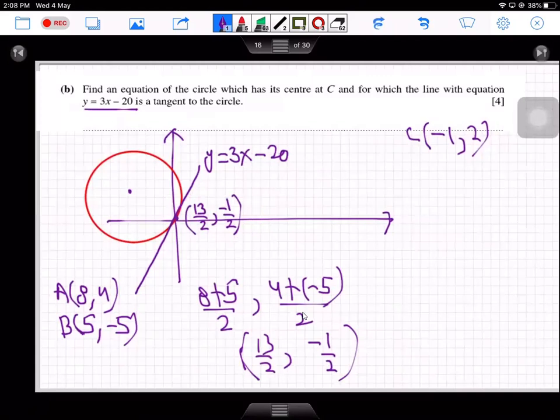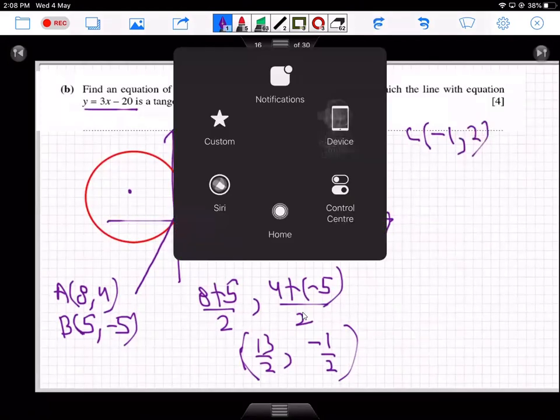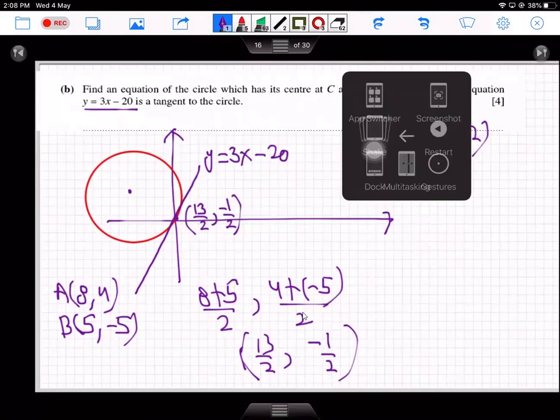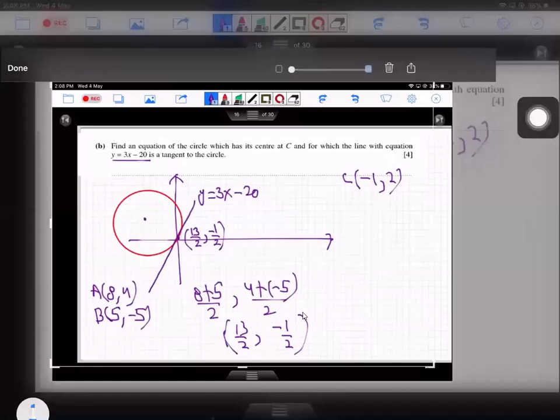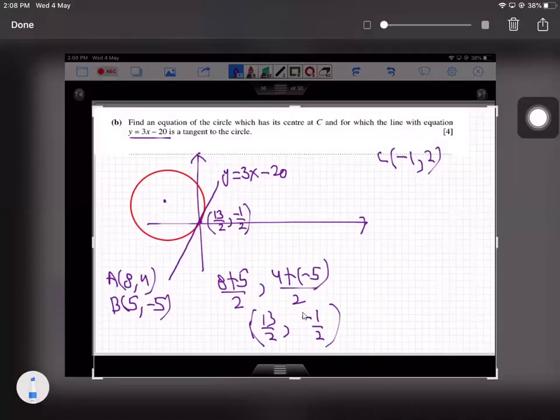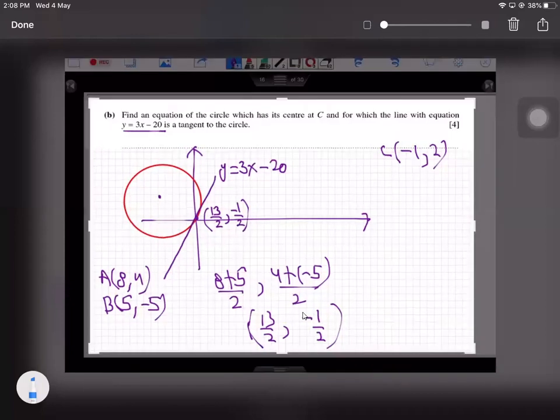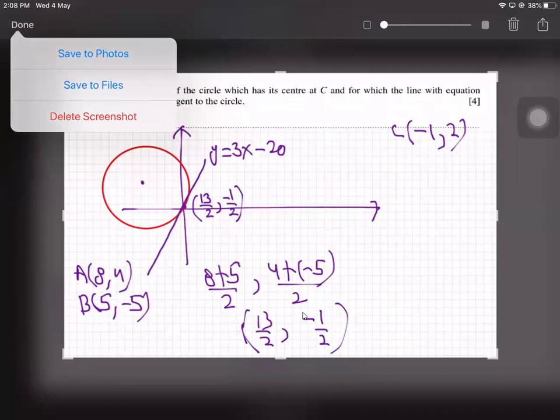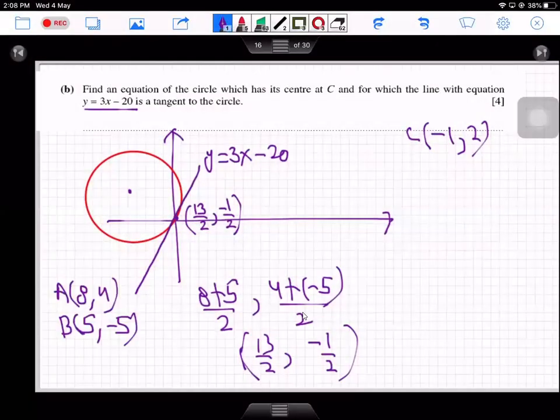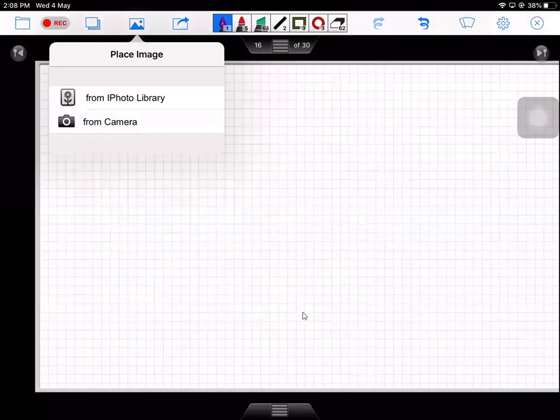So it is just to make you able to understand what's actually happening over here. A sketch is in fact not a requirement, but if you make it, things become much easier for you to comprehend. So the line is tangent to the circle at this point, 13 over 2, minus half.